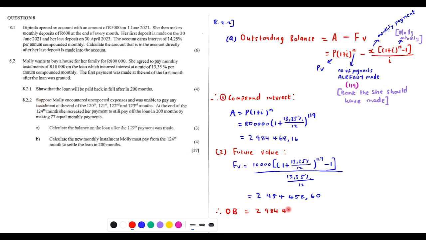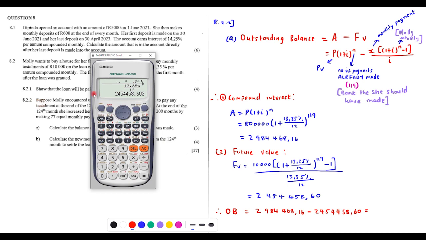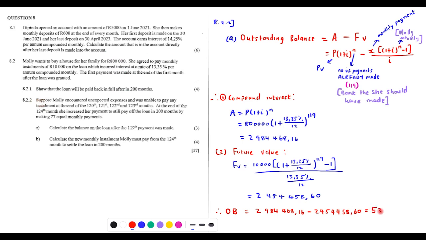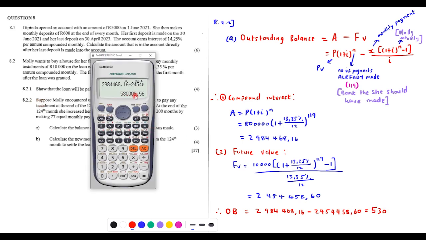2,984,468.16 minus 2,454,458.60. This is confusing, but it is 530,009.56.